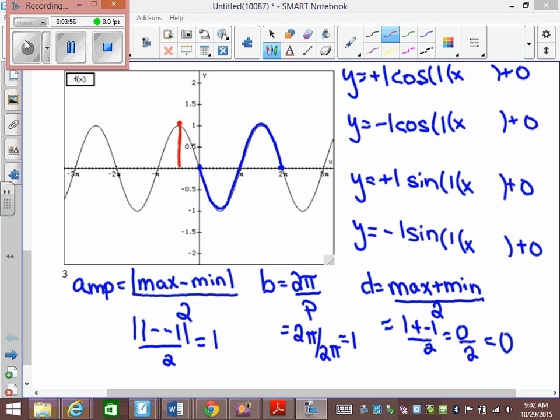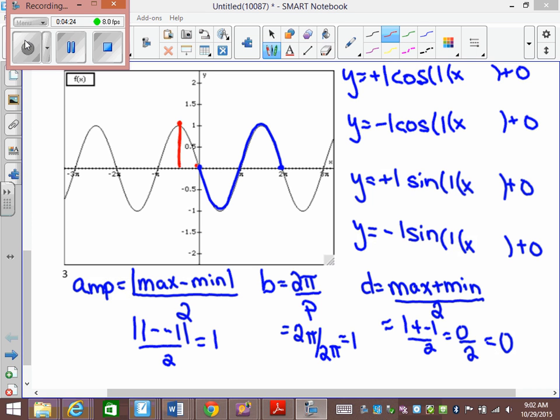How do we figure out how much each tick is? What did I tell you to do? Go to pi, count how many times pi is cut into pieces, right? So this would be 1, 2, 3, 4, 5, 6, 7, 8, 9, 10, 11, 12 ticks. So pi is cut into 12 pieces. Cut into 12 pieces means pi divided by 12, right? Each piece is going to be pi divided by 12.